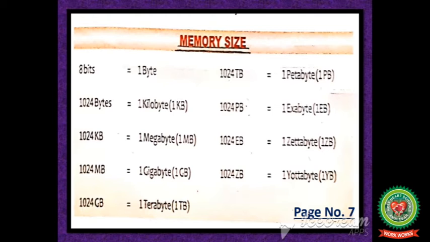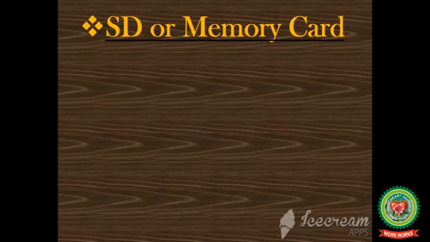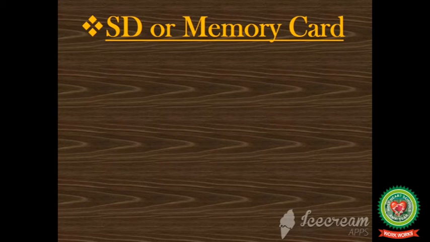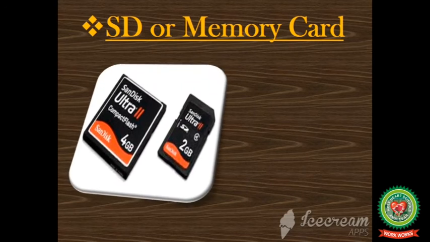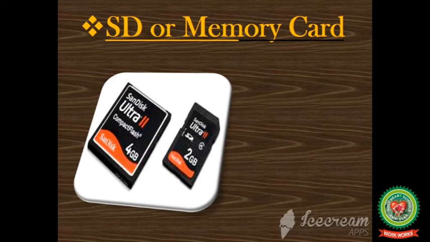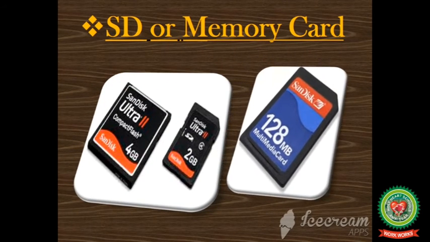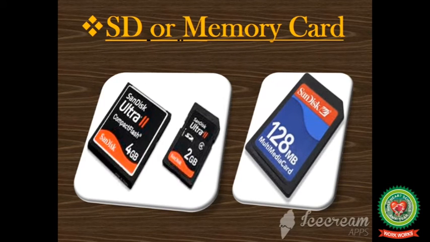Students, let's consider an example of a mobile phone. Mobile phones are having SD card or memory card of different storage capacities like 2 GB, 4 GB and 128 MB.